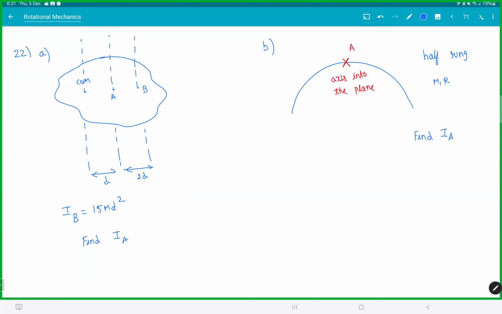Be careful. Parallel axis theorem says we always have to go from center of mass. You cannot jump from anywhere to anywhere. You can't jump from B to A directly. It is always from center of mass. Try. A and B both are related. Get them both.